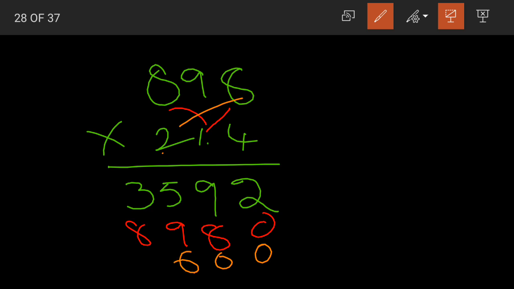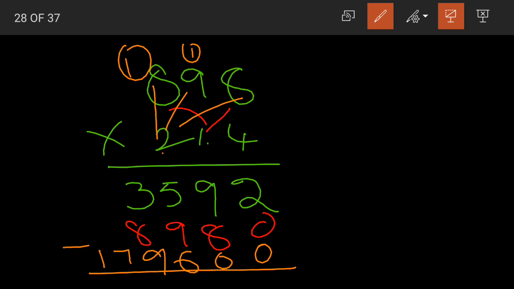Again before multiplying with 2 we need to place 2 zeros. 2 8s are 16, 1 carried. 2 9s are 18 plus 1, 19. 2 8s are 16 plus 1, 17. Adding these partial products together, 2. 9 plus 8, 17, 1 carried.